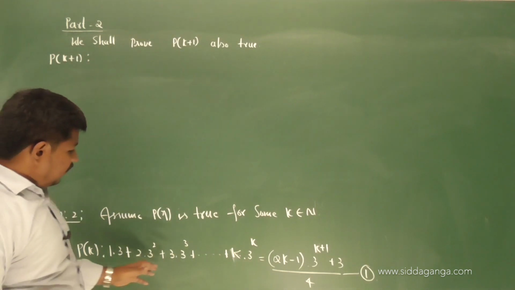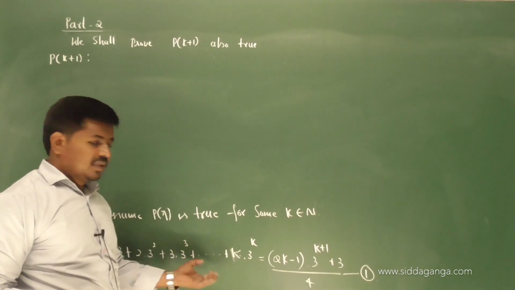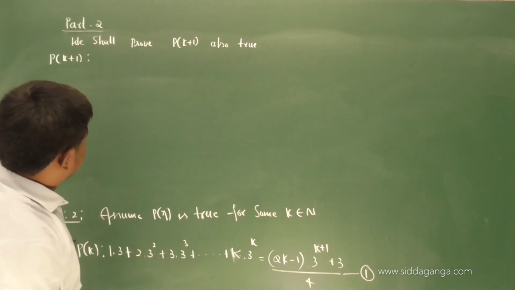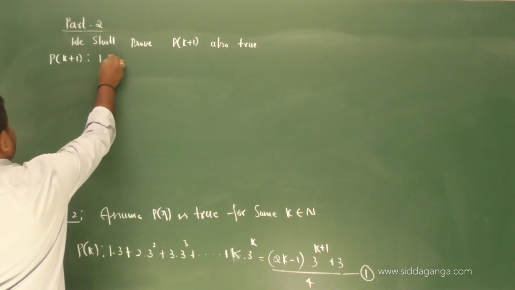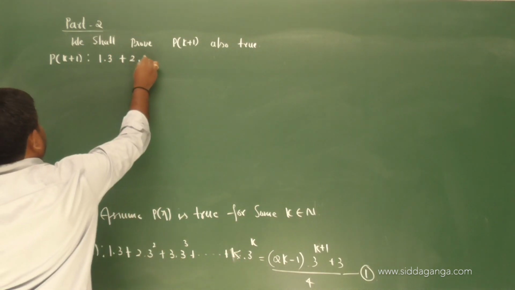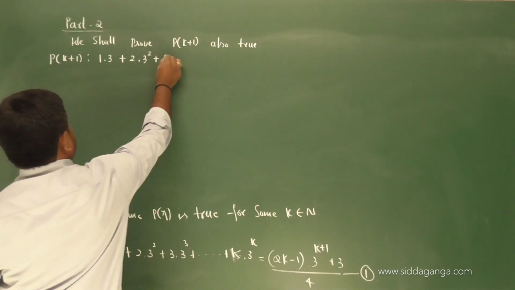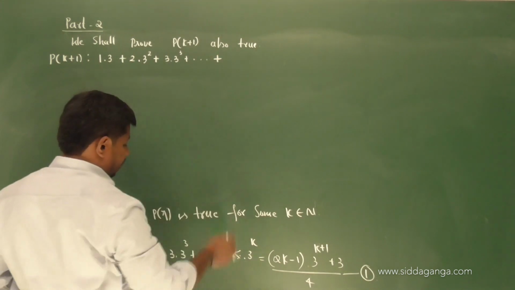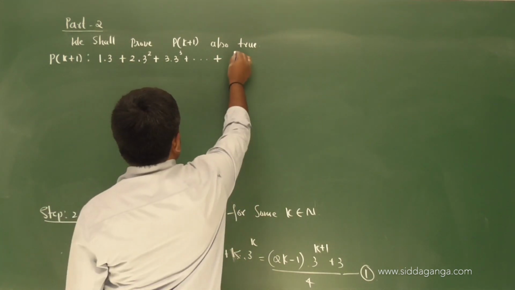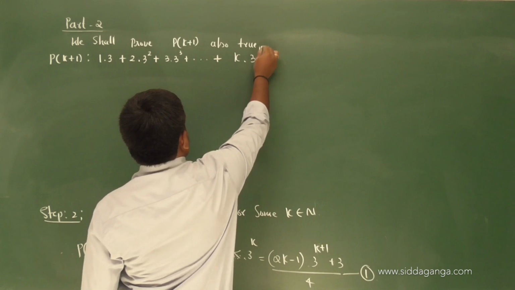So here we have P of k, you mean this is for kth term. Let me write for k plus 1th term. You mean as it is till kth term, 1 into 3 plus 2 into 3 square plus 3 into 3 cube and so on. Kth term is what? K into 3 power of k. What is the next term?